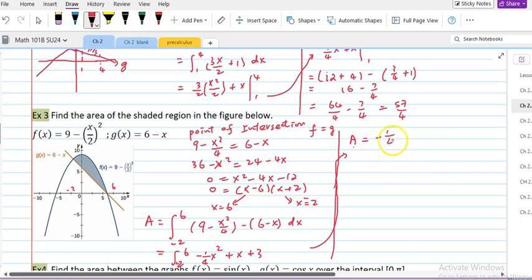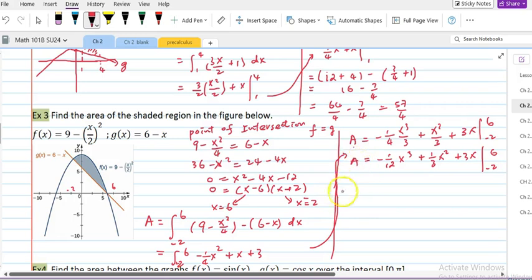Negative 1/4, and then x cubed over 3 plus x squared over 2 plus 3x. So it will be negative 1/12 x cubed plus 1/2 x squared plus 3x. Substitute from negative 2 to 6. So let's plug in.